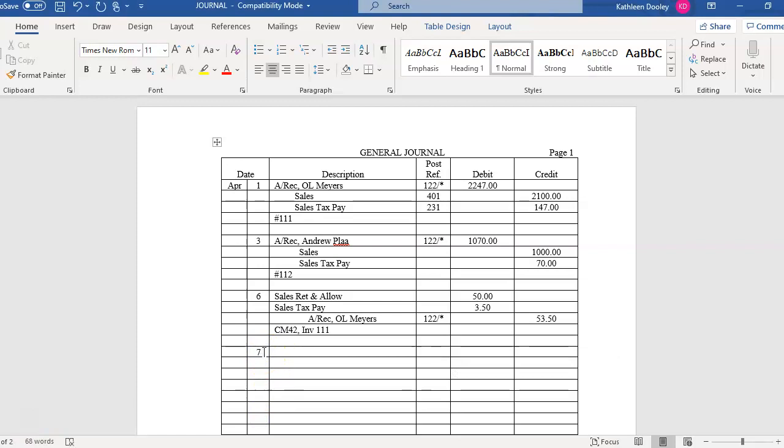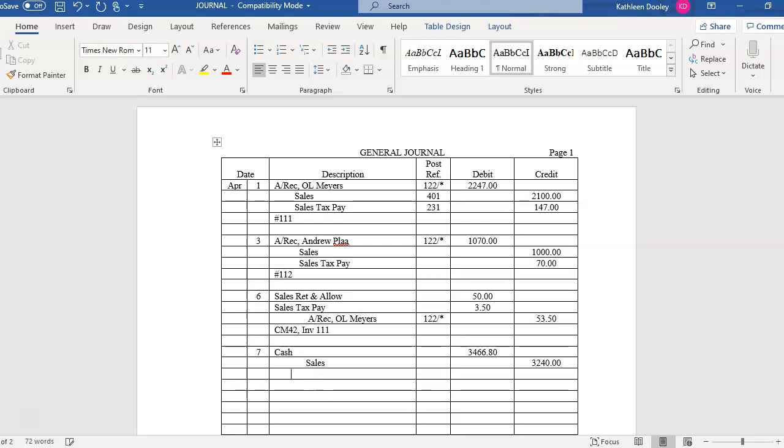Okay, record the date, which is the 7th. Now this is a cash sale, not a sale on account, so we're receiving cash. When we receive cash, we debit cash, and that is for the $34.66.80. That includes both the sale and the sales tax. Okay, and then I'm going to credit my revenue. Whenever we sell stuff, we credit revenue, and that's sales, and that was for the $32.40.